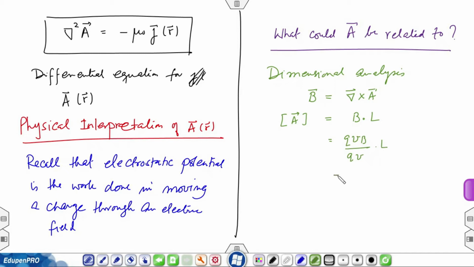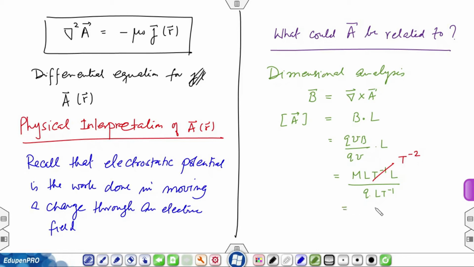So, I can write this as m L T minus 2 times L divided by q L T inverse. I made a mistake, this will be T minus 2, because that is the force.